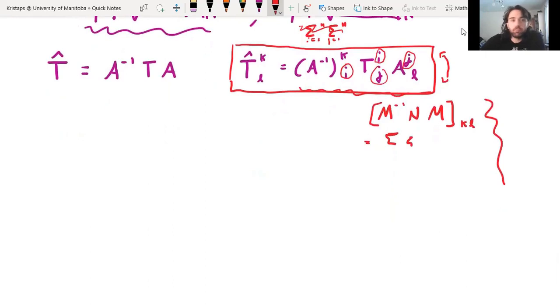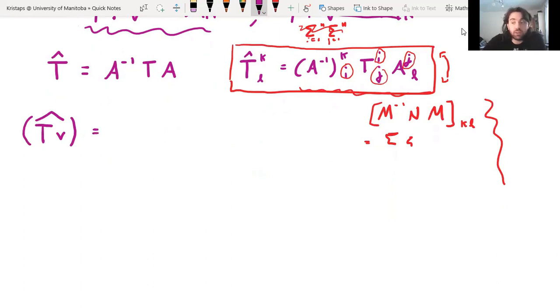So now let's unpack what our change of basis means in this case. We have T, and we want to know what T is when acting on a vector V. So T will act on V in the old basis first, and then I'll put a hat over all of this to indicate that I'm then changing the basis to see what happens.